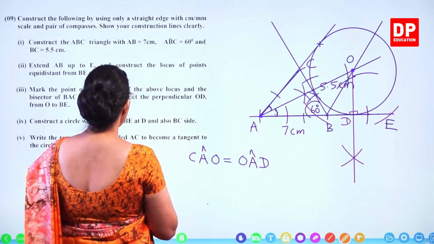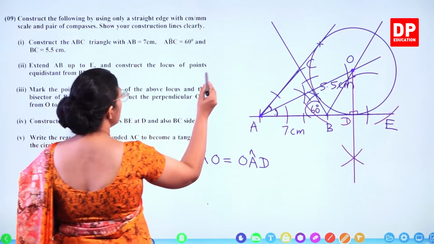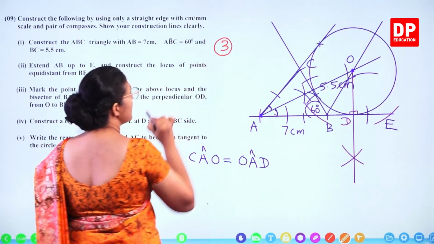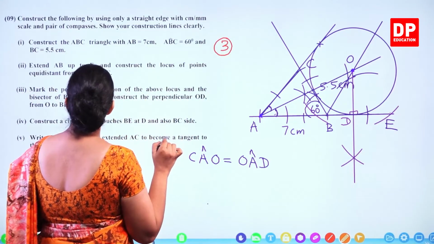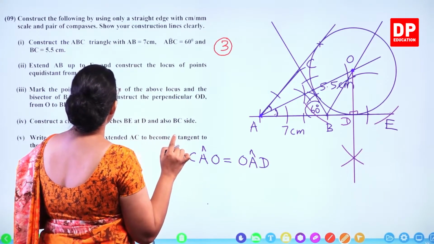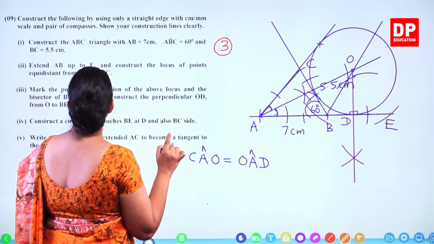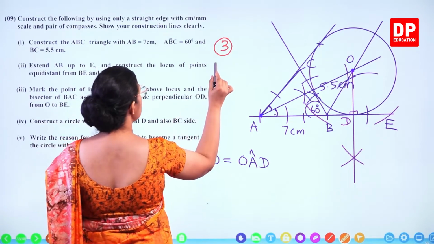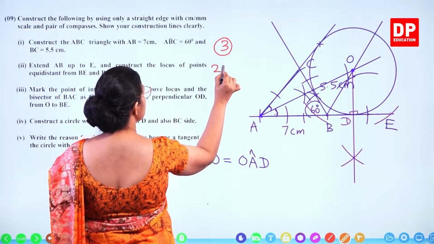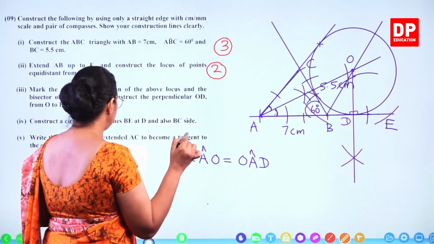So you are getting 3 marks for constructing the triangle ABC. And then extend AB and construct the locus of equidistance from BE and BC. That's the angle bisector. That's 2 marks.